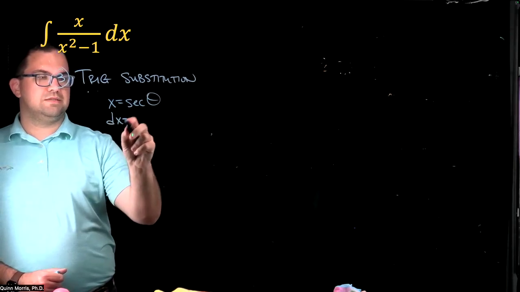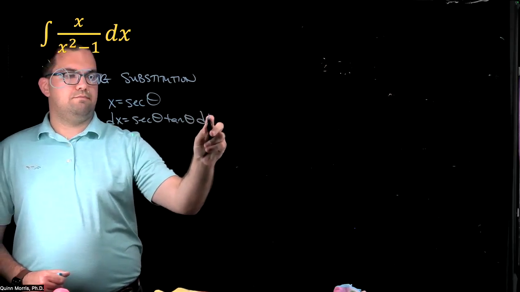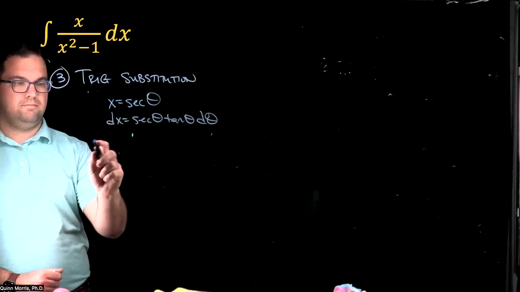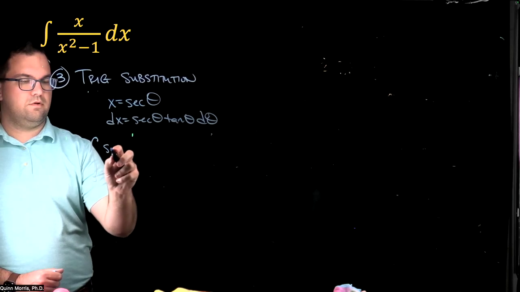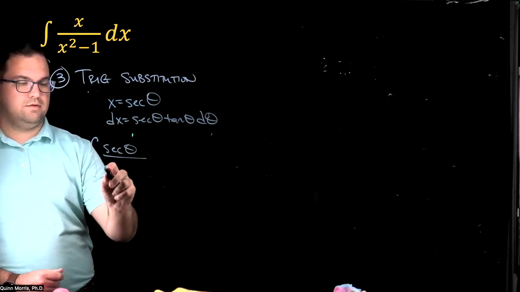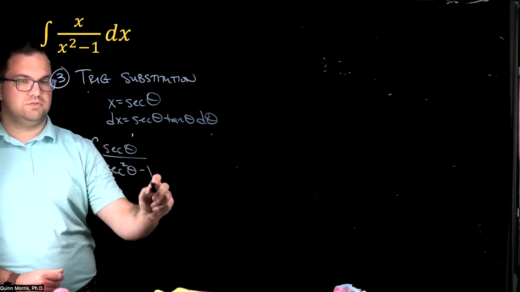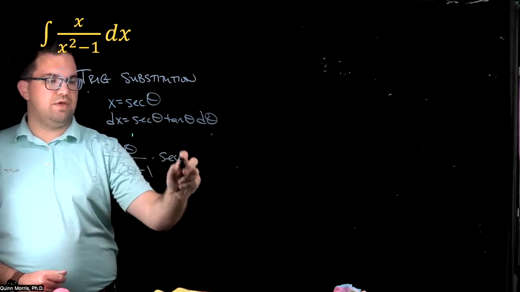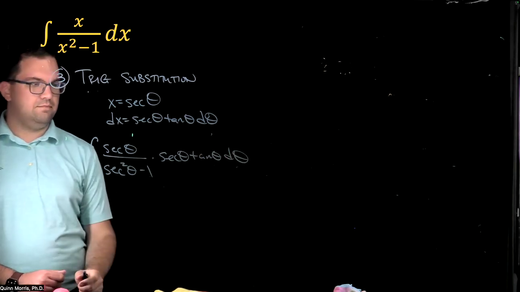If I do that, dx is going to be secant theta, tangent theta, d theta. Okay. And this integral is going to become the integral of, so my x is secant theta divided by secant squared theta minus 1 times my dx will become secant theta tangent theta d theta.